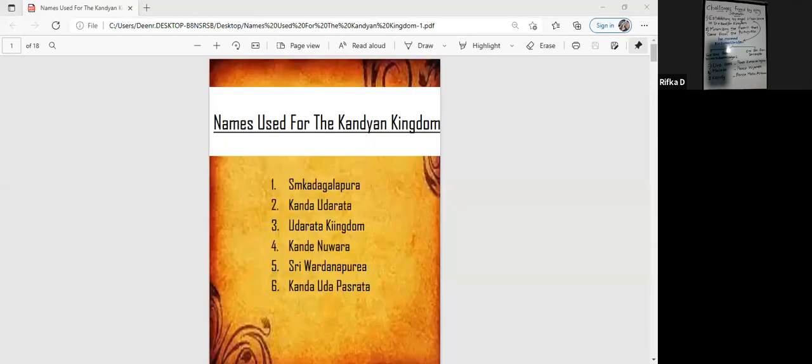Children, we started to learn about the Kandyan kingdom. I told you why the Kandyan kingdom is very important, being the last kingdom that existed in our country. That is one main factor.